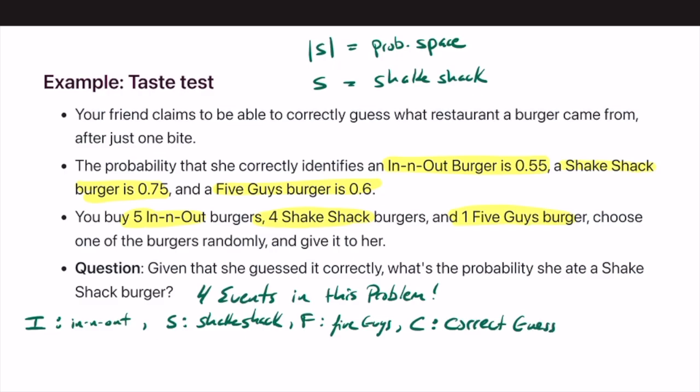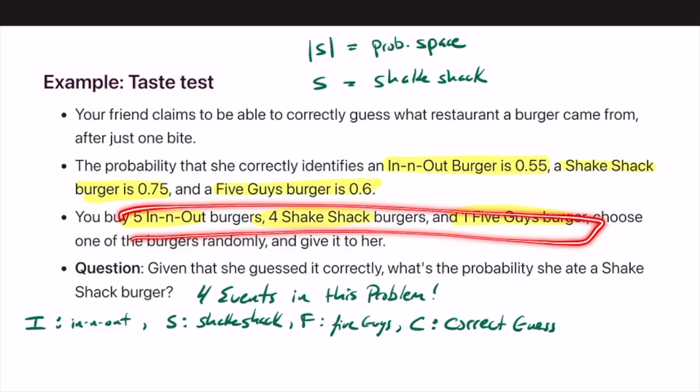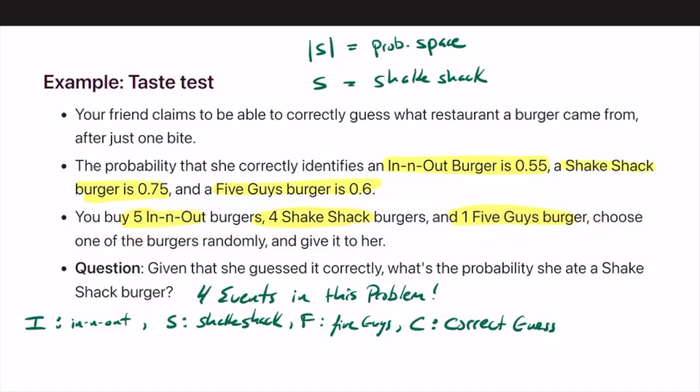And since we've already been given these, we have 0.55, 0.6, and 0.75. We have those numbers that we'll make good use of because they have to do with the guesses that your friend makes for each burger as individual events. And then we also have the total space of burgers that we bought, 5, 4, and 1, so that's 10.